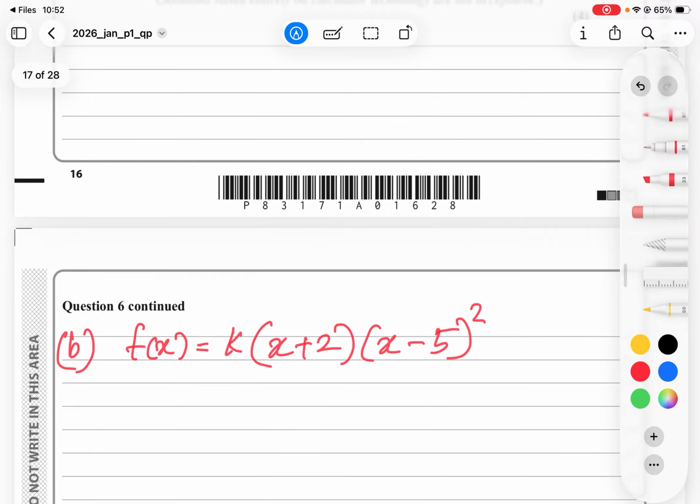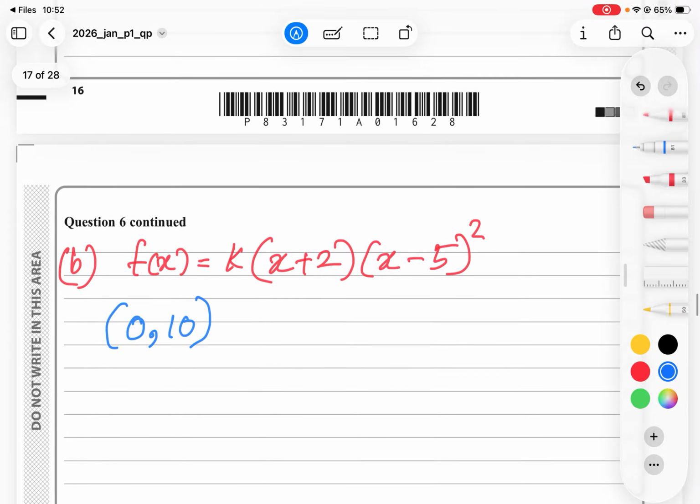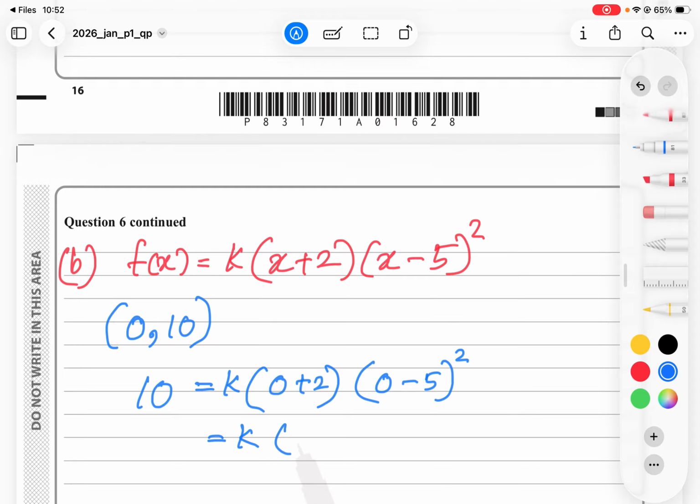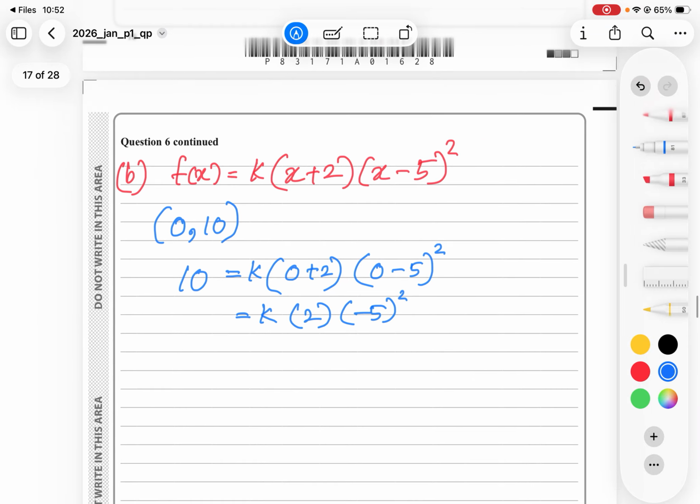So let's substitute the (0, 10) coordinate into our equation. So 10 equals k bracket 0 plus 2, 0 minus 5 squared. If I quickly simplify, this will be 2 and a negative 5 squared. So k would be 10 divided by 50, which is 1 over 5.